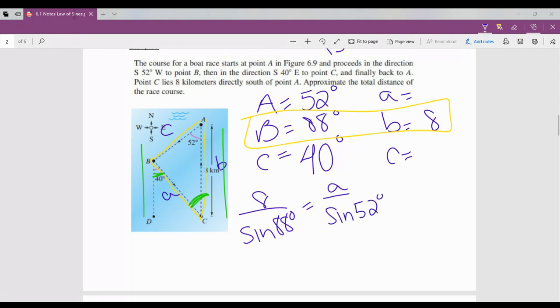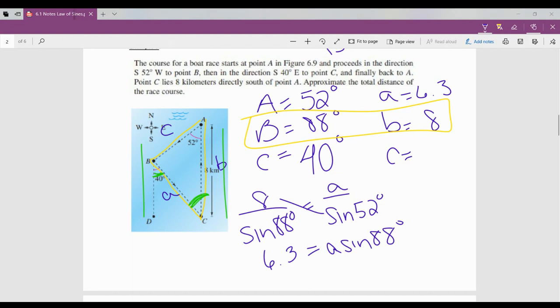Now we cross multiply. 8 sine of 52 is 6.30 equals A sine of 88. Then I divide by sine of 88, keeping that value in my calculator, and I get 6.3.